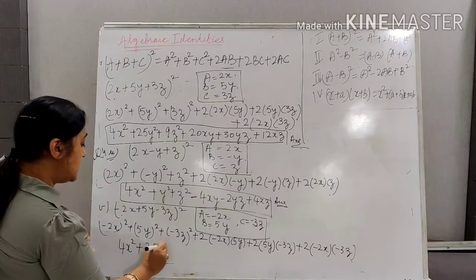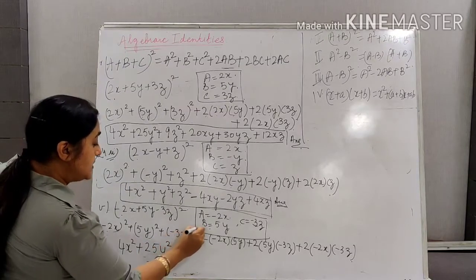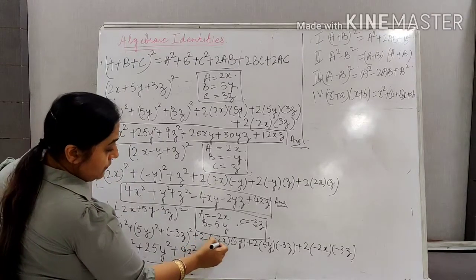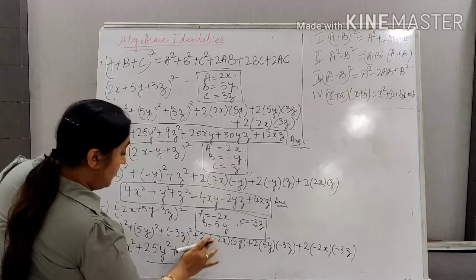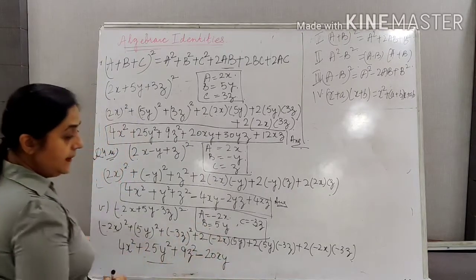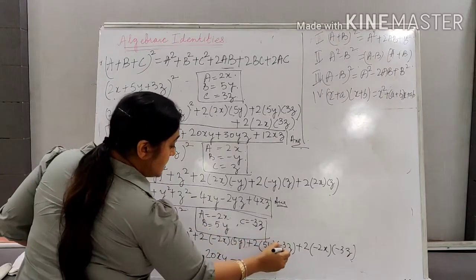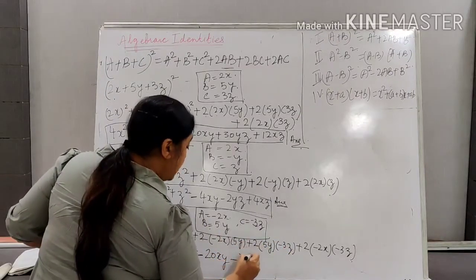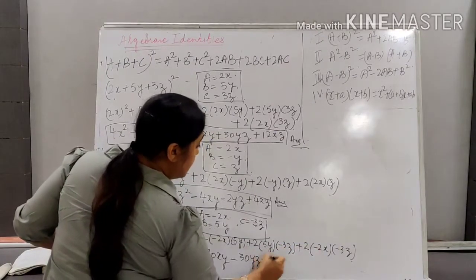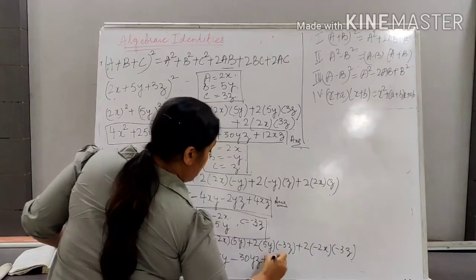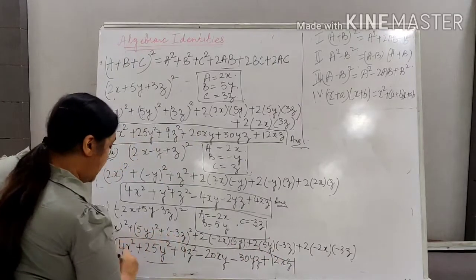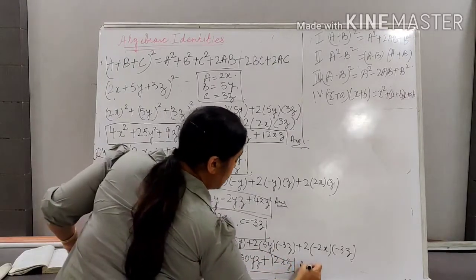This becomes 25y square. Minus 3 whole square is 9z square. Now please check it. 2 2s are 4, 4 5s are 20. But there is a minus, so it is minus 20xy. Again there is a minus, plus minus minus, minus 30yz. Here minus minus becomes plus. 2 2s are 4, 4 3s are 12, 12xz.